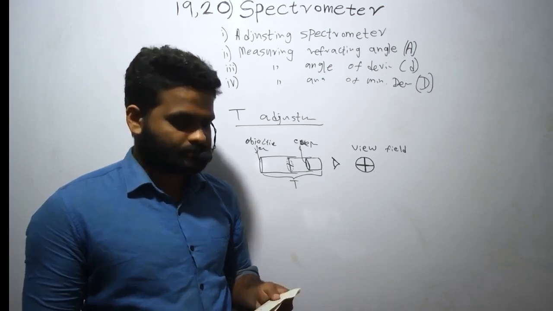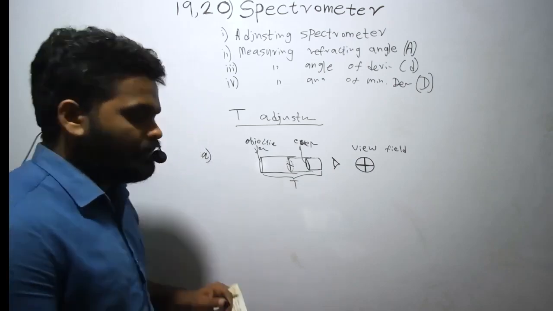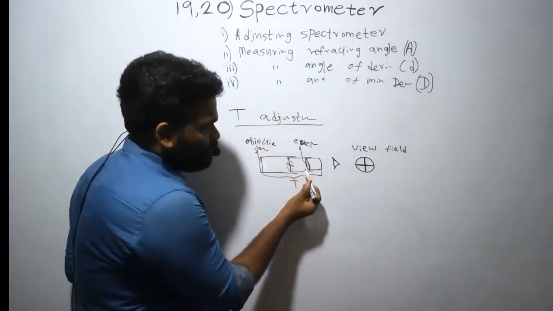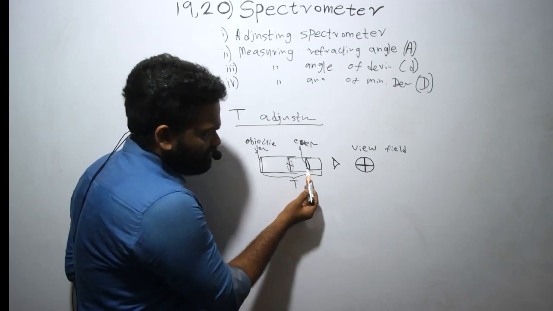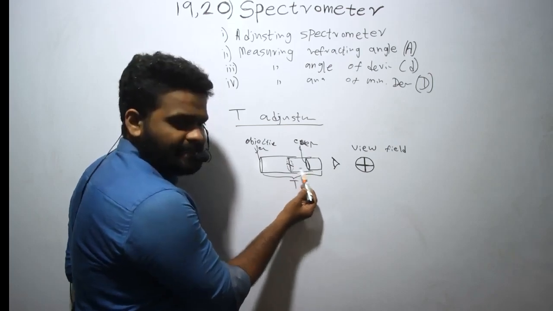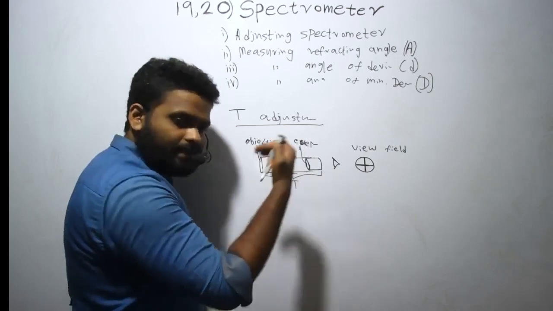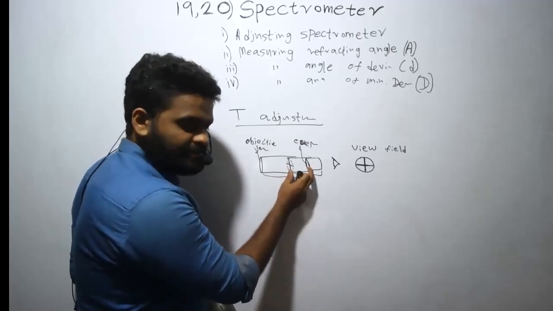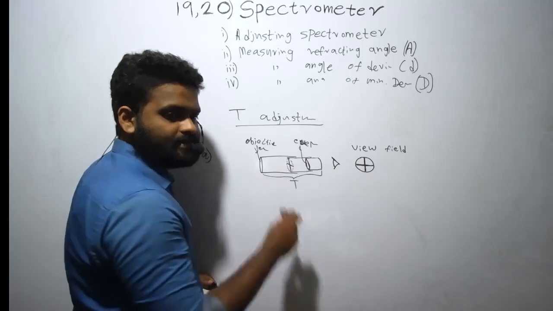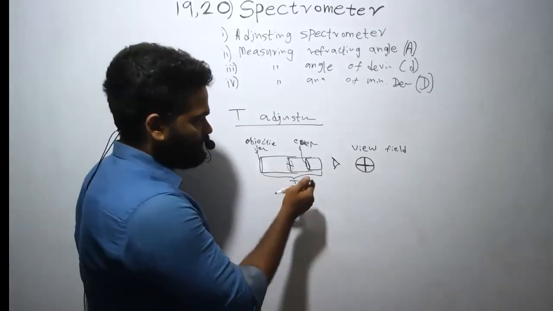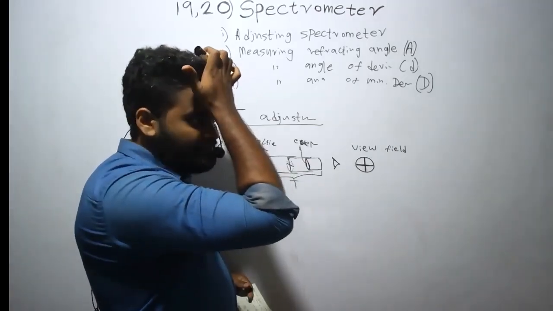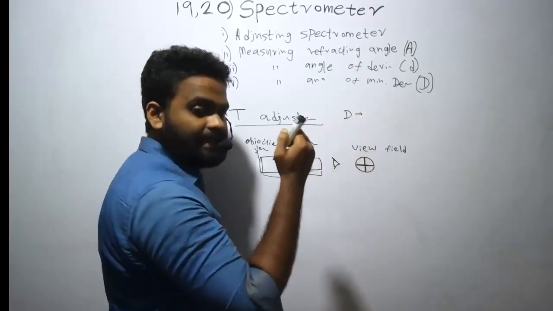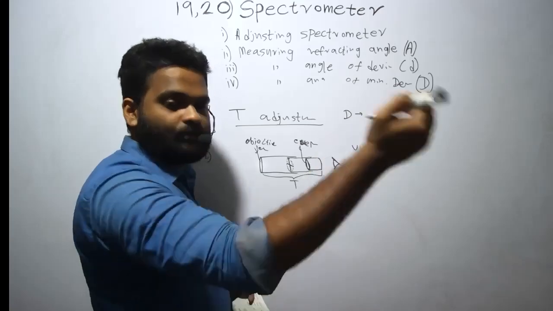Got it? So the manufacturer of the spectrometer could have fixed this length, but they have given us the opportunity to change the distance between crosswire and eyepiece. Why is that? You may have learned capital D, the least distance of distinct vision.